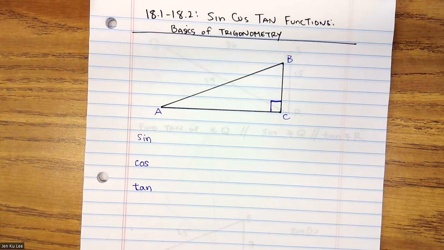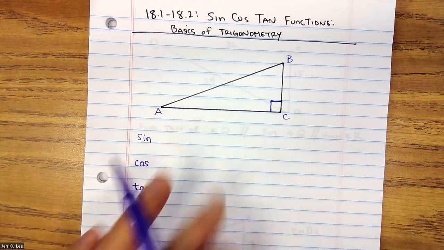Okay. So the first thing we have to do is label the sides or the side length. How do we label the sides? It depends on what angle you're looking at the triangle from. Okay.